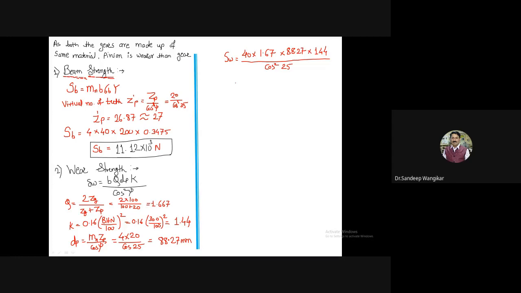You will get the answer, the wear strength SW, in Newton. Let me know the answer. 10318. As I have written here also, I will write 1031. Any other answer?